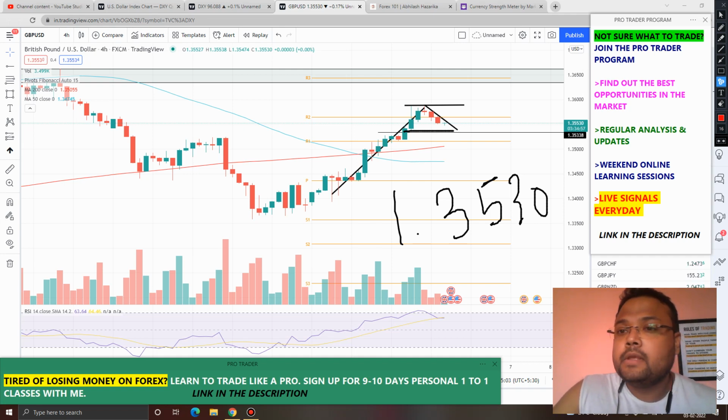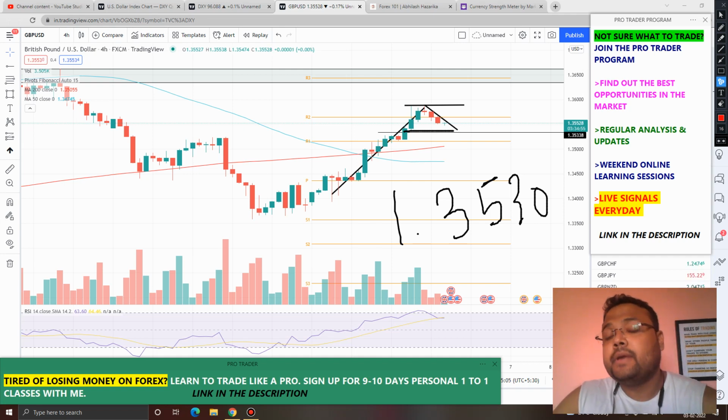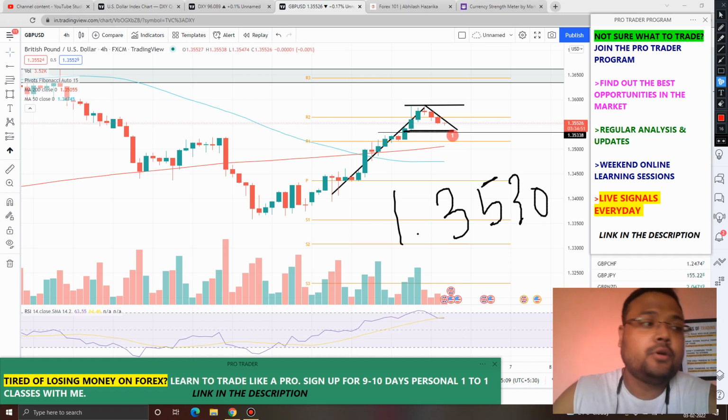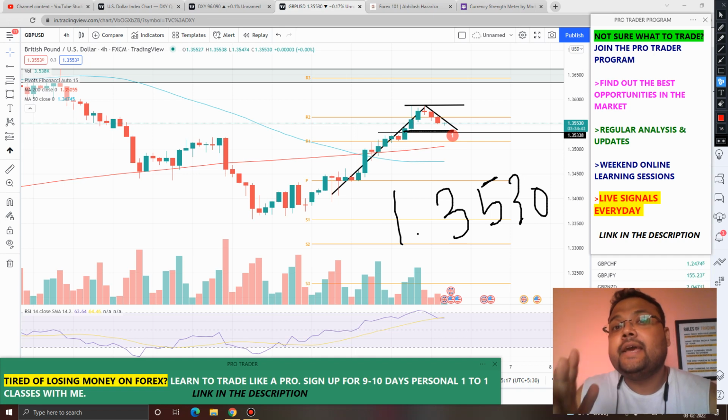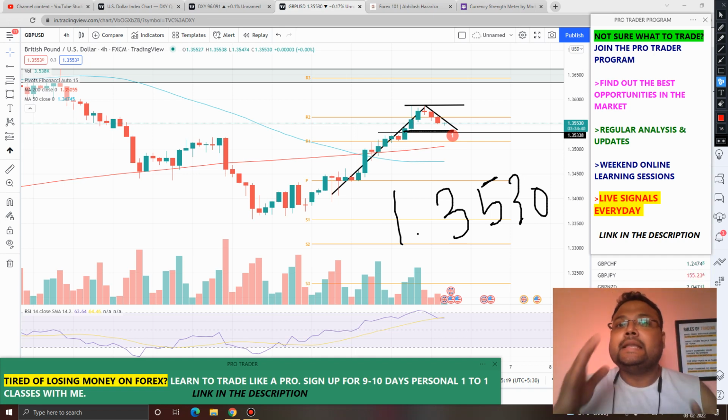This can be a first trading opportunity because I have derived this level from the Fibonacci retracement. So yes, there is a possibility of the market bouncing from this particular level, but make sure that DXY is in your favor.